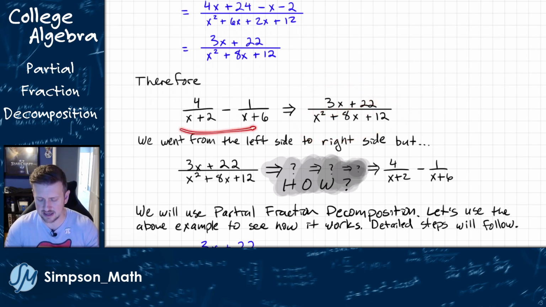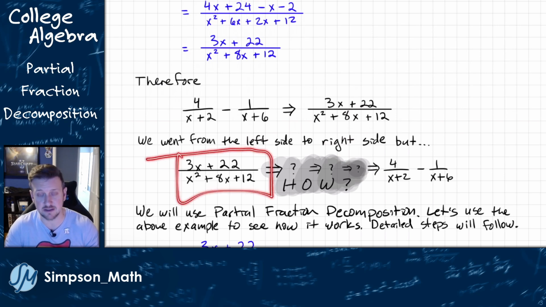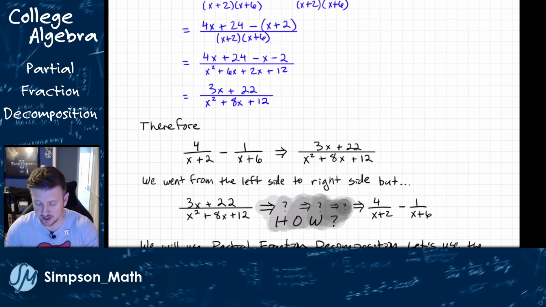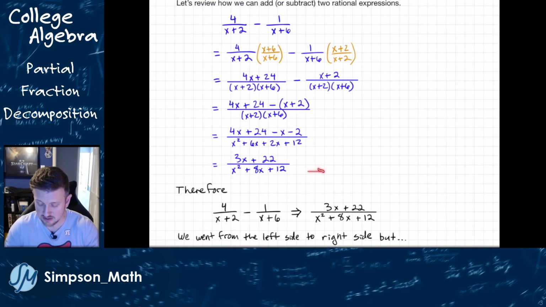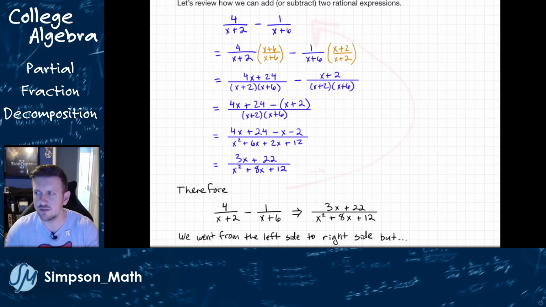So I went from this side to that side, but how in the world can I go from the right-hand side back to what we started with? How can I go from here to there? Well, the logic is, I know this denominator is x squared plus 8x plus 12.